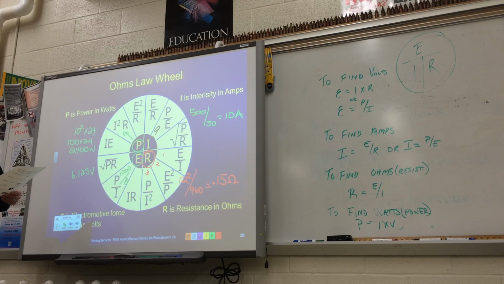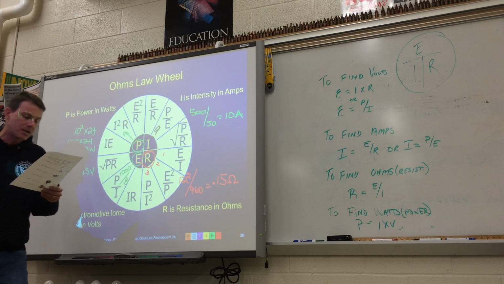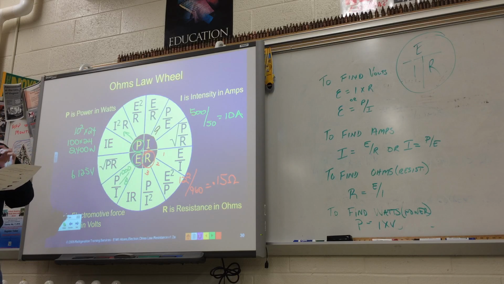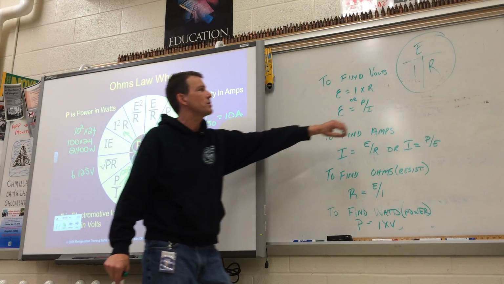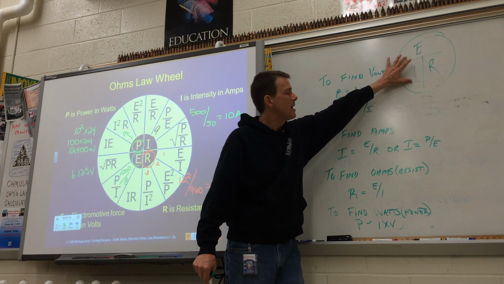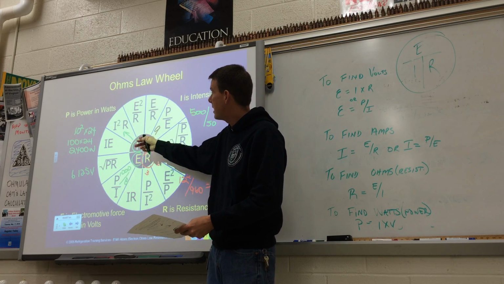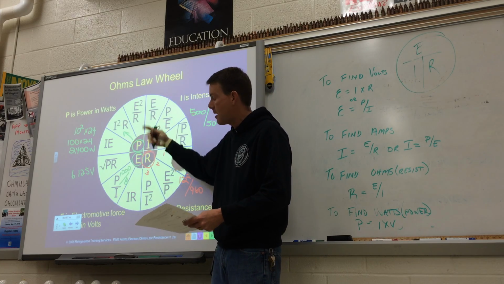All right, so, okay, last one. I'm going to show you 2 ways to do the last one. Do it on your own, and then I'll show you 2 different ways. See if you can do number 10 on your own. You're looking for power, so that's going to be the P. You're given voltage, and you're given resistance. Now, with voltage and resistance, you can find amps. So you can do this, and then this, or you can just do one of these right in here and do it with one less step.